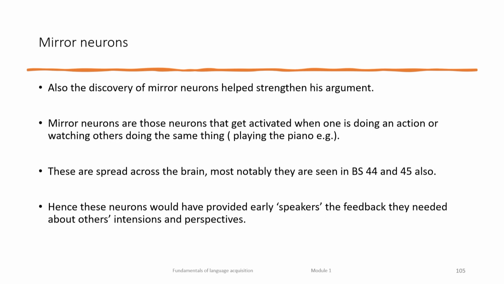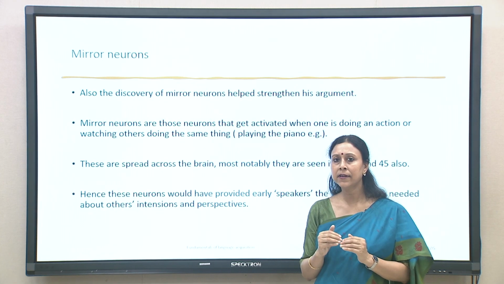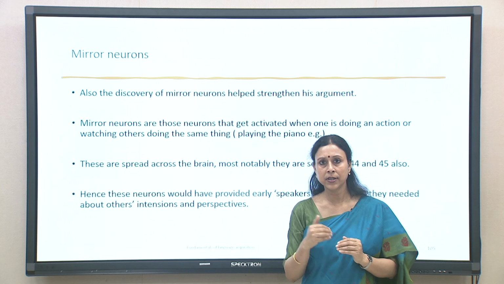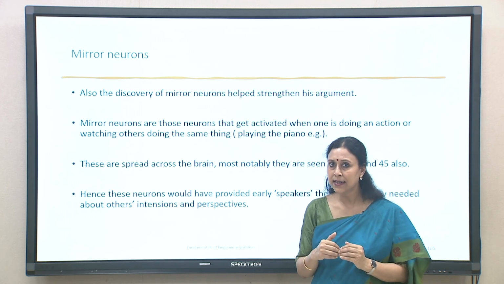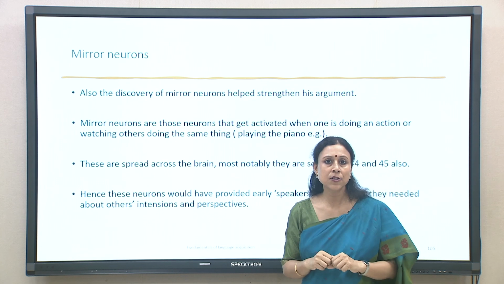Hence these neurons would have provided early speakers the feedback they needed about others' intentions and perspectives. What this last point means is that because mirror neurons get activated when you see somebody else doing the action, you are able to be in their mental shoes.